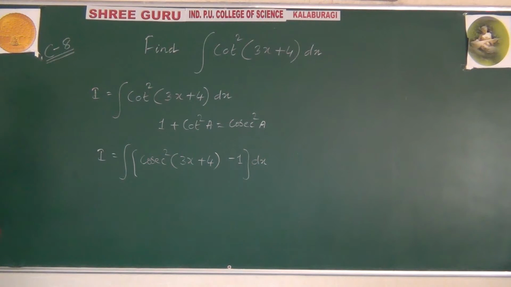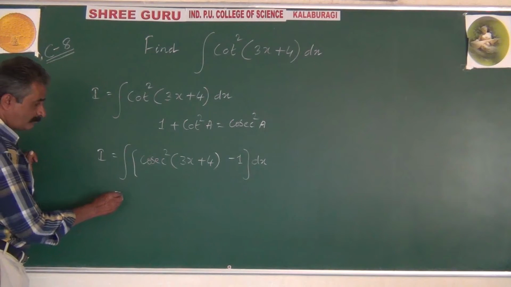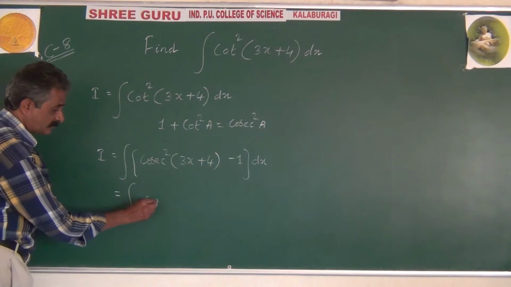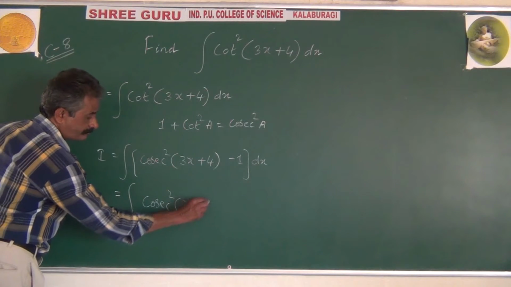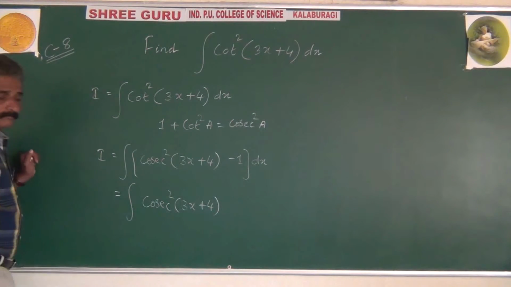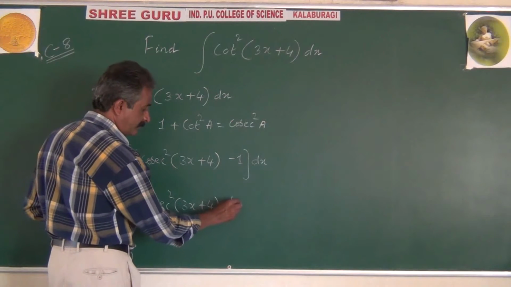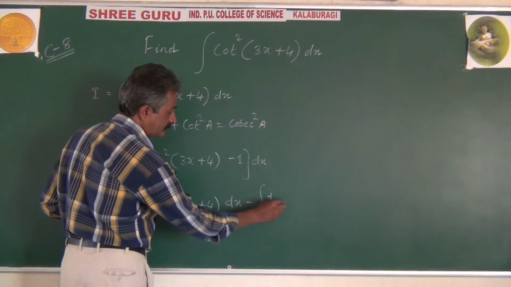Now we can decompose into two integrations. First one, integration of cosec square 3x plus 4 minus integration of 1 dx.